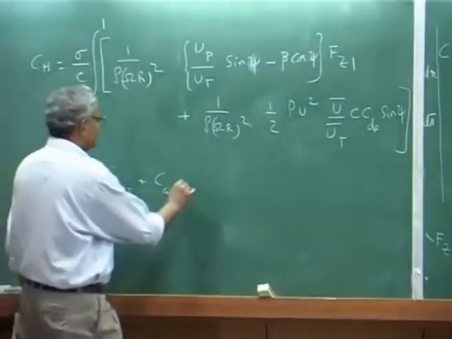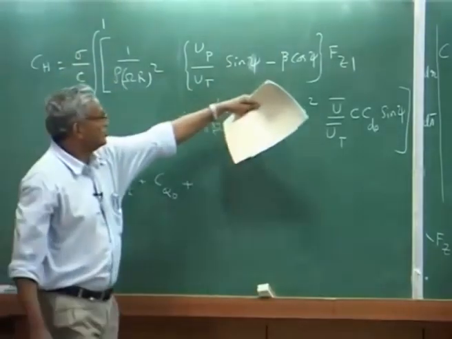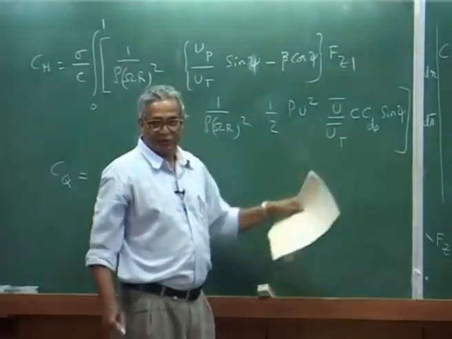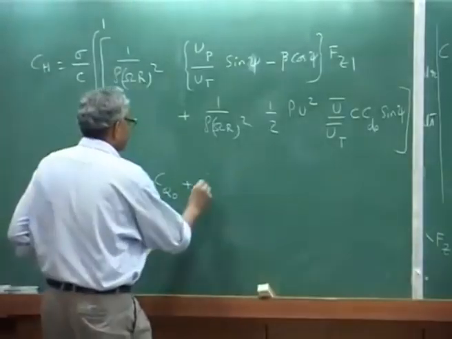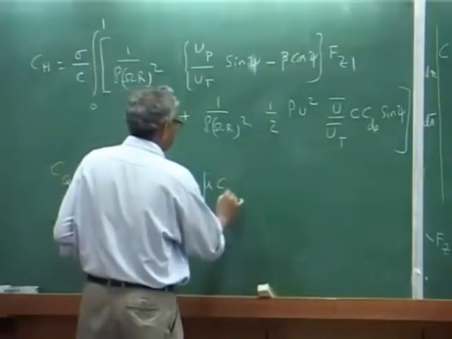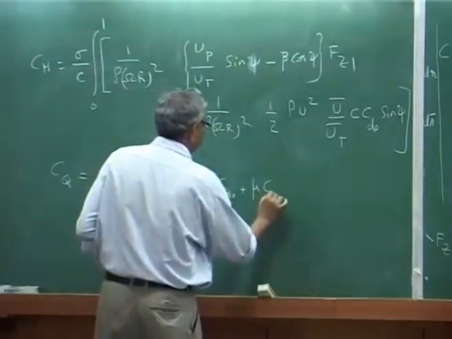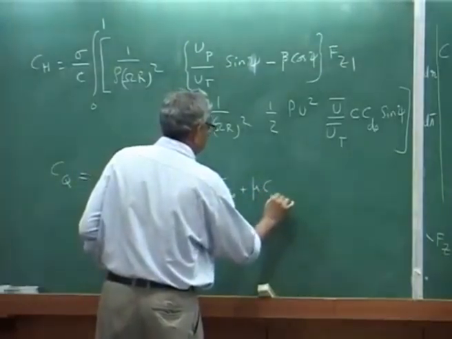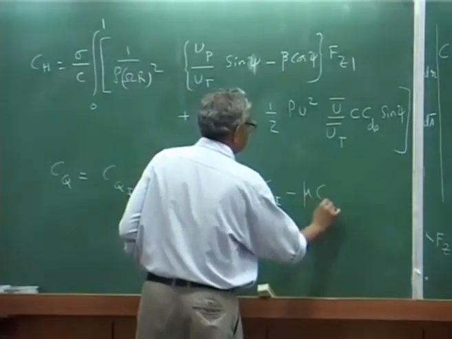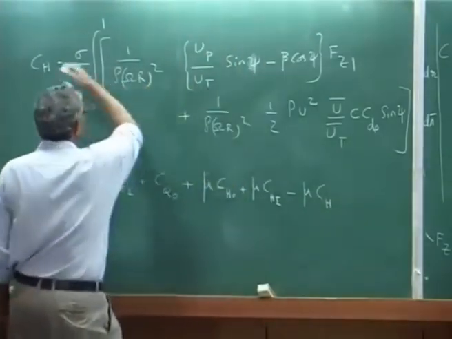Now, similarly you have C_H also, induced, that is F_Z, and there is a profile part. You add and subtract mu times C_H0 plus mu times C_HI minus basically mu C_H, because C_H is this entire thing.